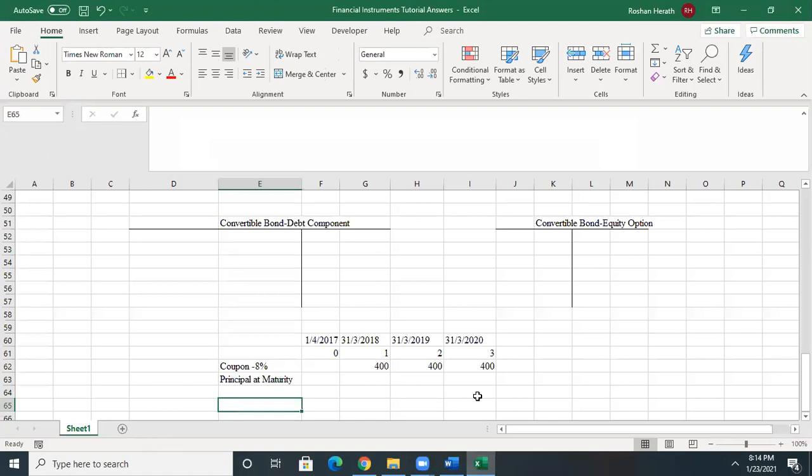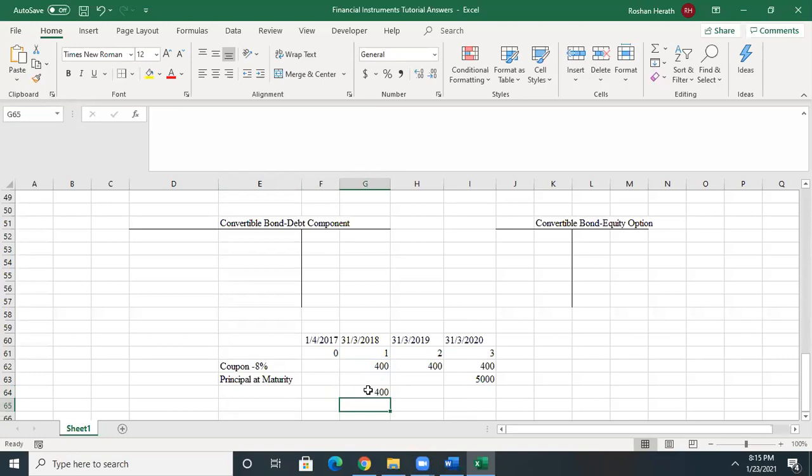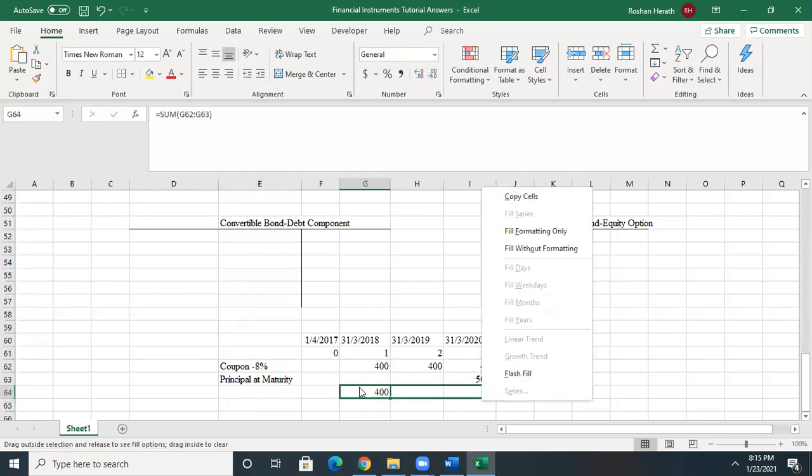The face value, the par value, is 5 million. So now you have the cash flows: the coupon and the principal at maturity.